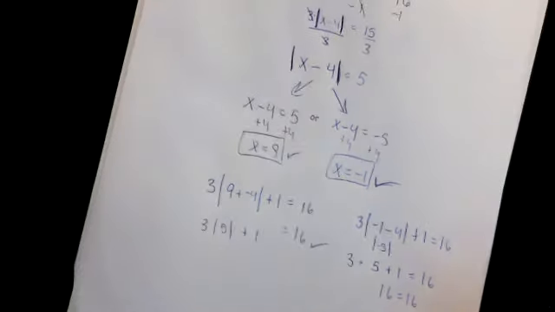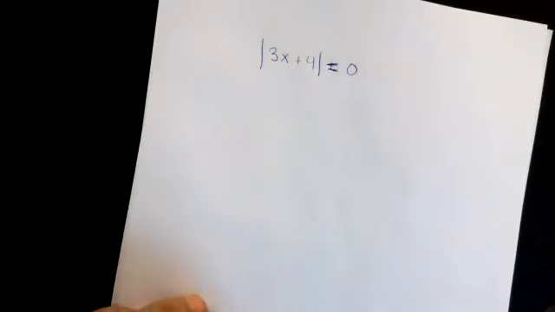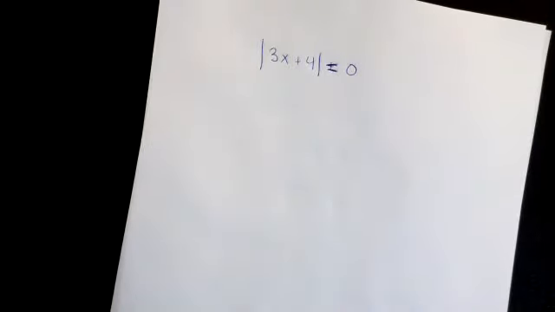All right, 2 other problems I want to look at as far as this section goes. Okay, let's say I have the absolute value of 3x plus 4 equals 0.